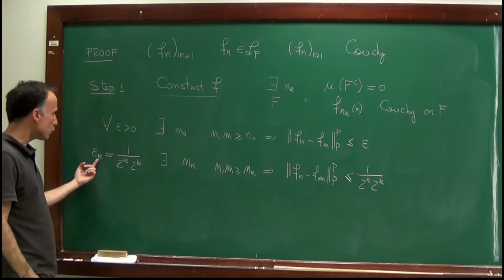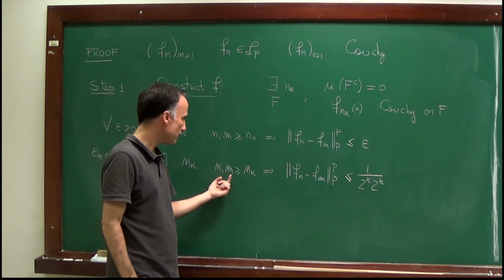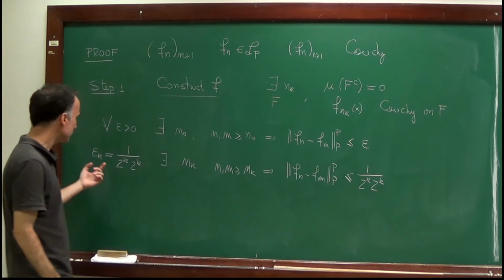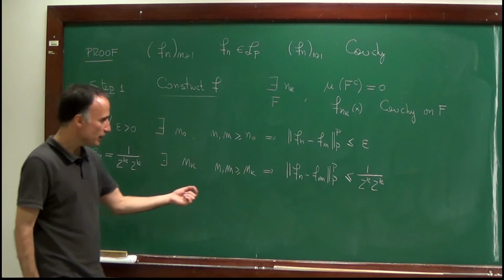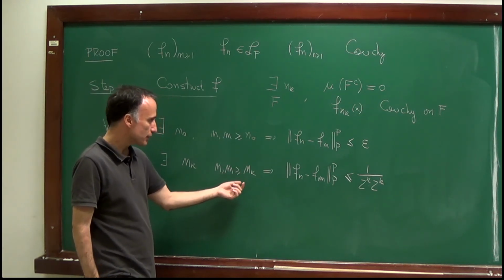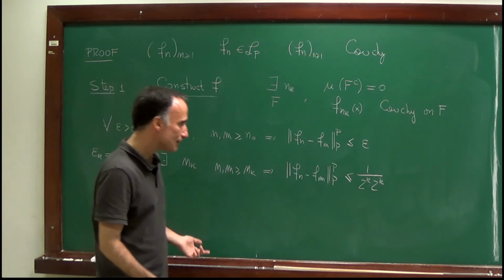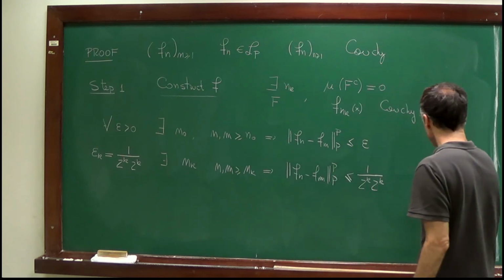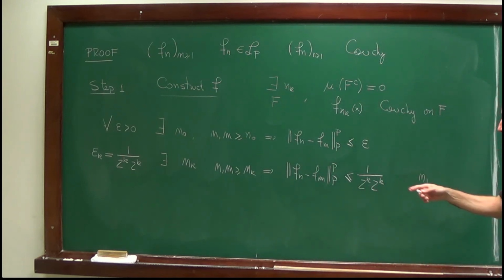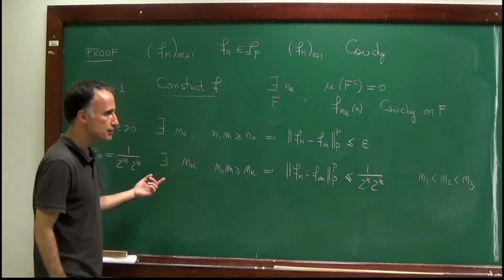If I take k equal to 1, I get n1, for which this holds for all n and m larger than n1. Then I take k equal to 2, and I find n2. Of course, any number larger or equal than n2 will also satisfy this property. So I can claim that I can choose this sequence nk strictly increasing.